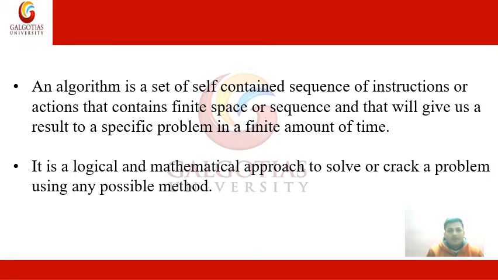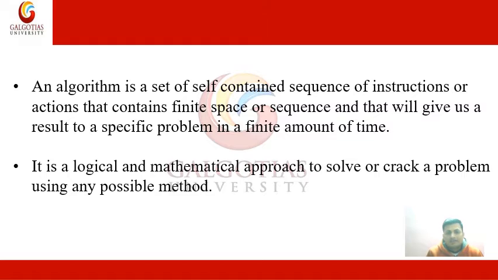So, computer programming applications. In this computer programming applications, what we are going to discuss today is the types of algorithm, or the classifications of algorithm.